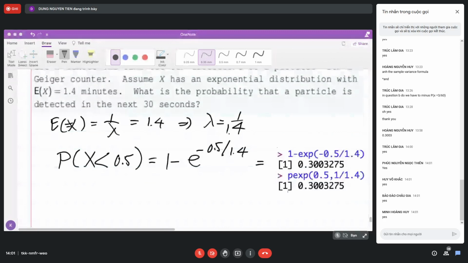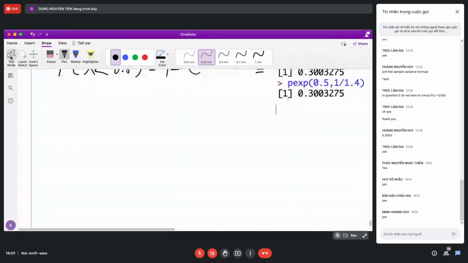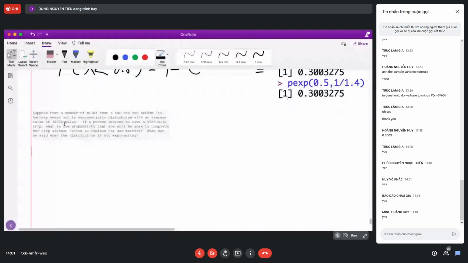In this case, you need to use the memoryless property of the exponential distribution.